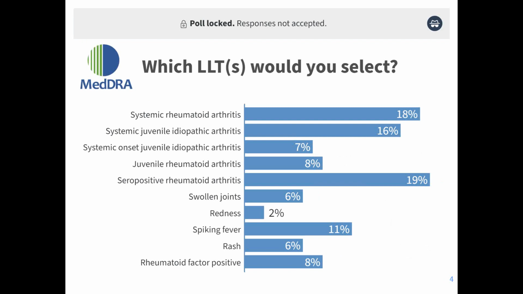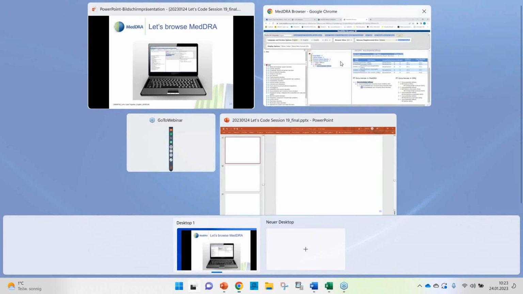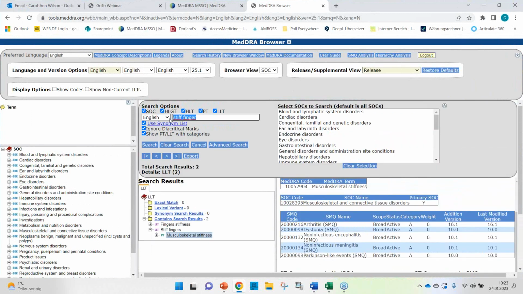So let me close the poll, and let us first check for the potential code assignments that we saw in the poll. So let me start with a search for, first of all, the basic medical concept that was diagnosed, which is an arthritis. And the other information that we have is that it's not only arthritis, so not only affecting a joint, but it's a systemic disease. And also the signs and symptoms that we saw show that this is a systemic disease, because a fever was reported, a rash was reported.